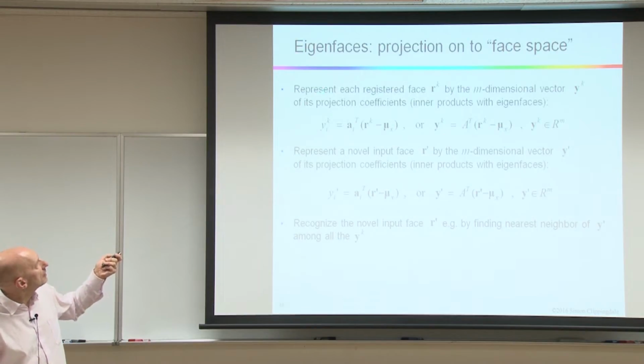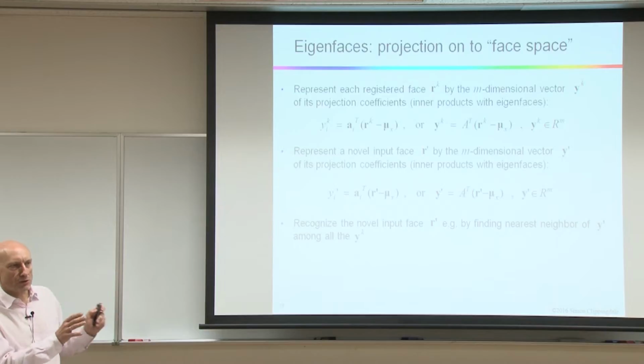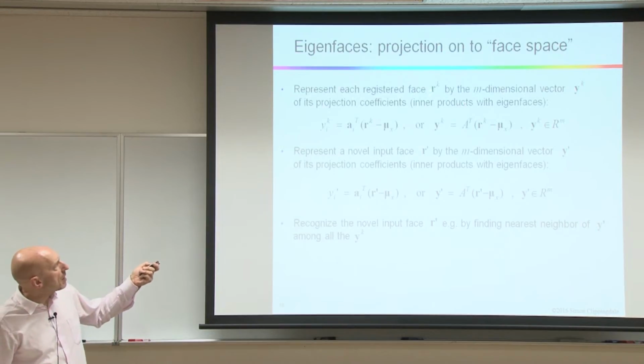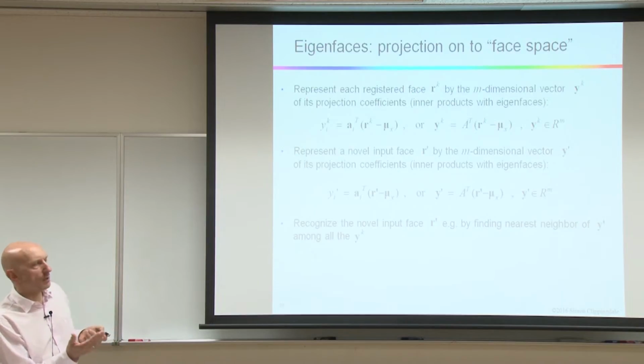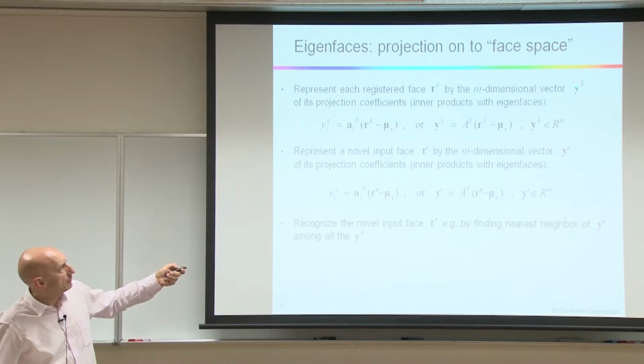So to put that in context, we will have a number of registered faces in the database. These are people that you want to recognize. So I've called them R with a K, index K. For each face image that we want to register in our database, we do the same kind of thing as with the input data.